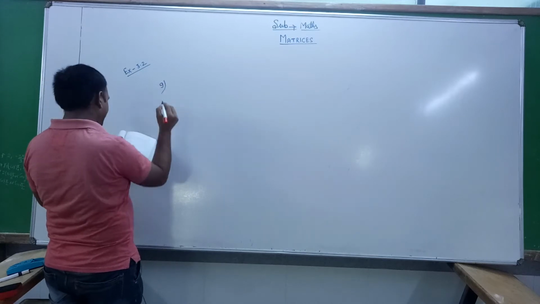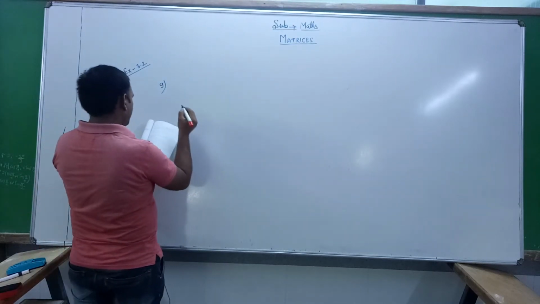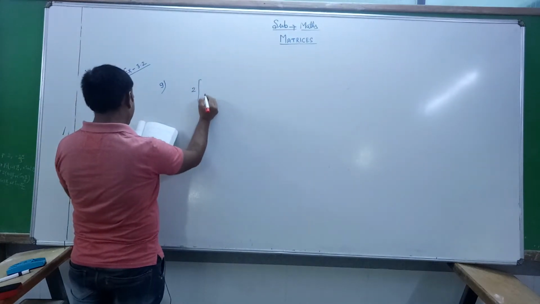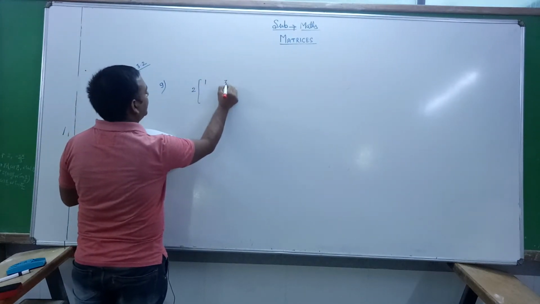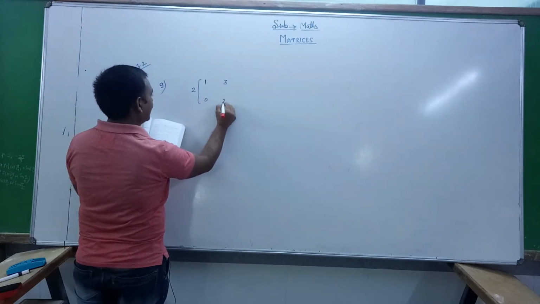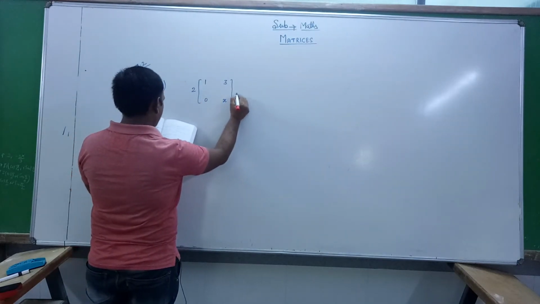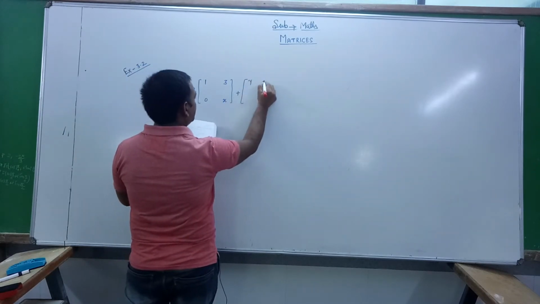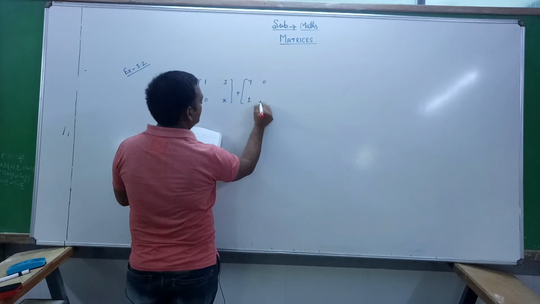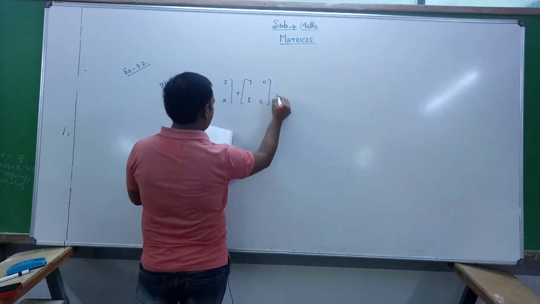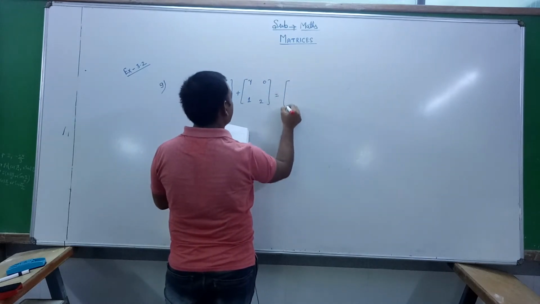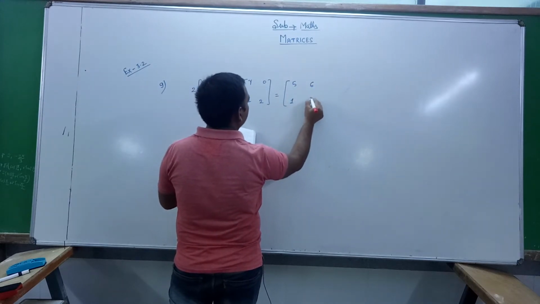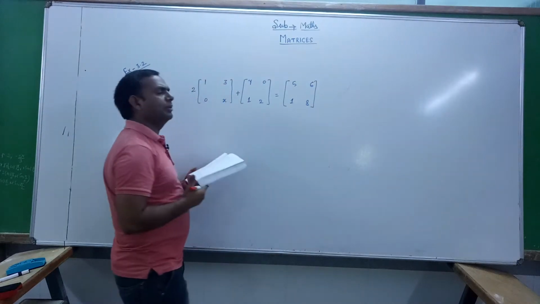Question number 9 is: find the value of x and y, 2 times matrix 1, 3, 0, x, plus another matrix y, 0, 1, 2, that is equal to matrix 5, 6, 1 and 8. You find the value of x and y.